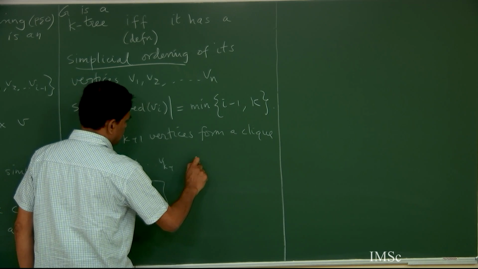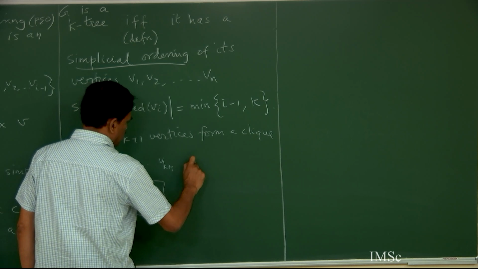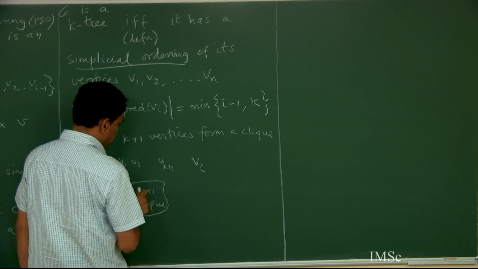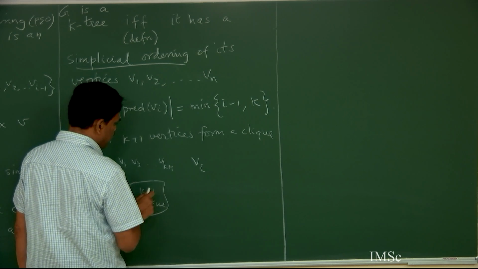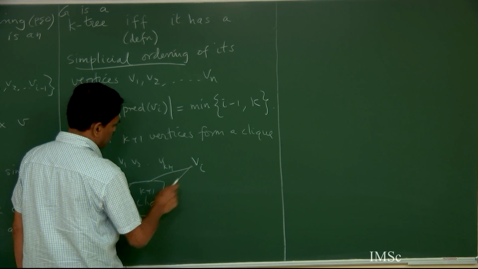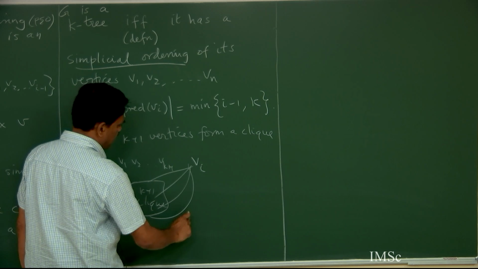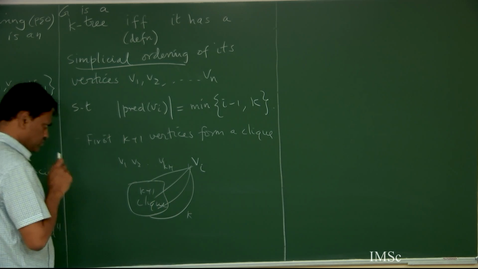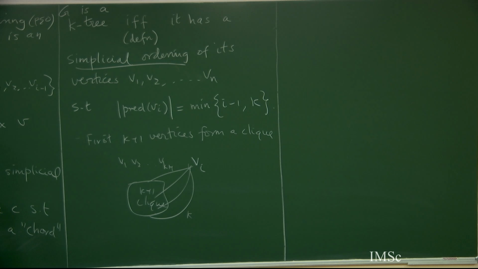After that, for any other Vi, you pick some k vertices that already form a clique and then make Vi adjacent to those k vertices. So, I always choose some k vertices that actually induce a clique.